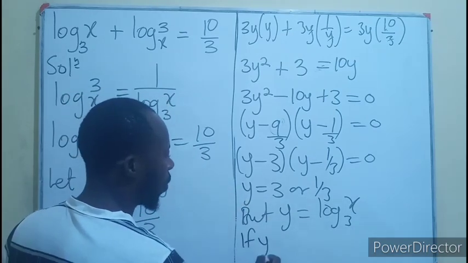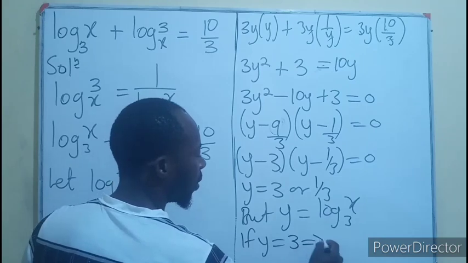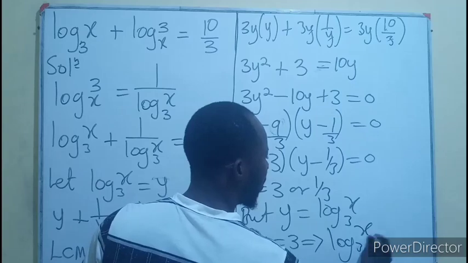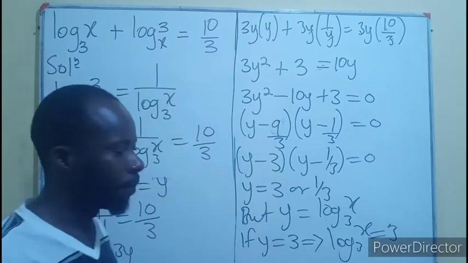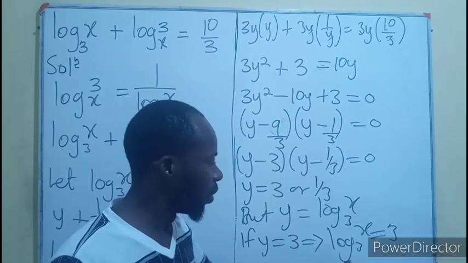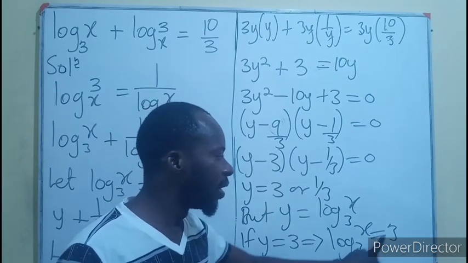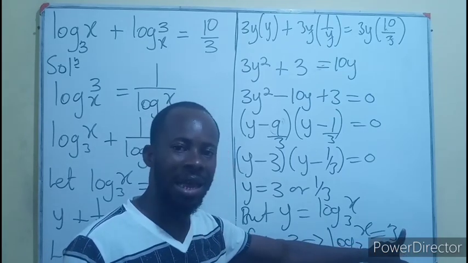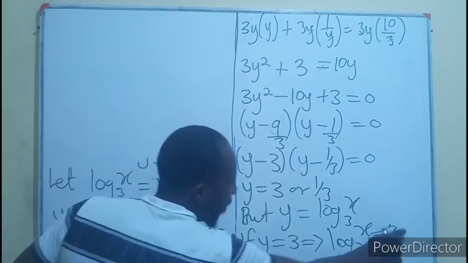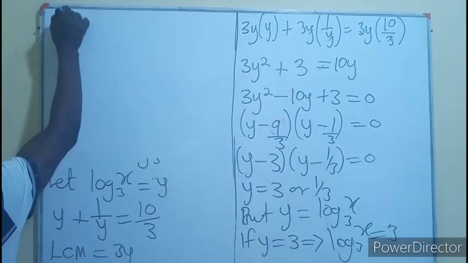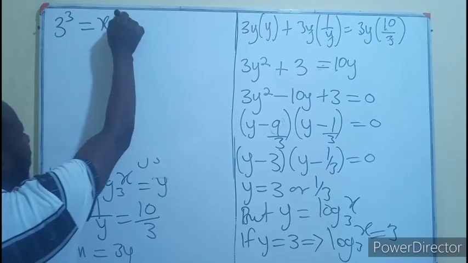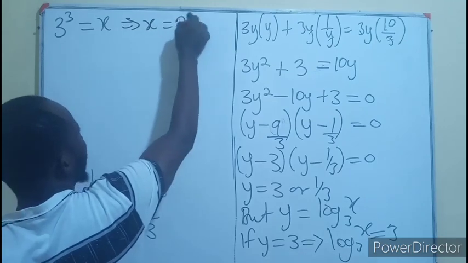If y equals 3, it implies that log x base 3 equals 3. From the connection between indices and logarithm, the base taking 3 as an exponent equals the argument. So 3 exponent 3 equals x, and we know 3 exponent 3 is 27, so x is 27.